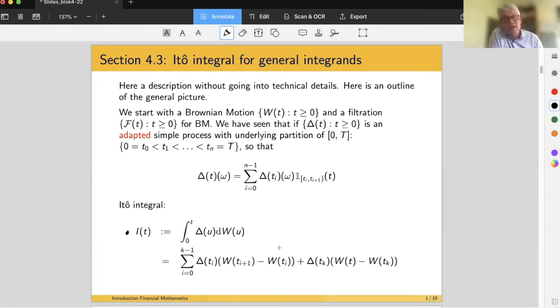These are all the parts up until t_k, plus the last part, Delta_{t_k} times W_t minus W_{t_k}.